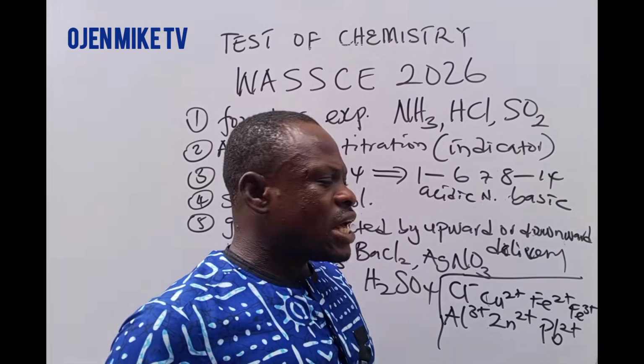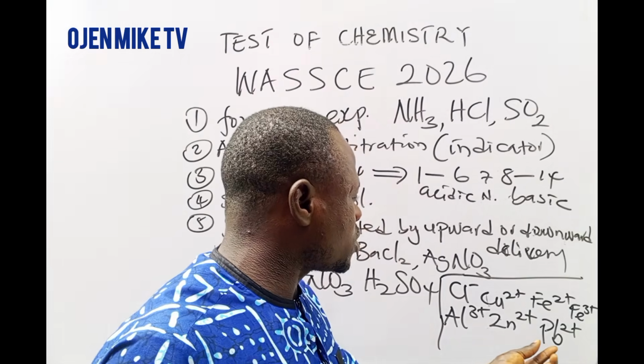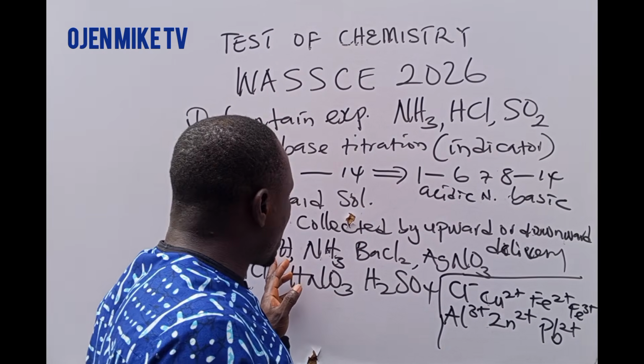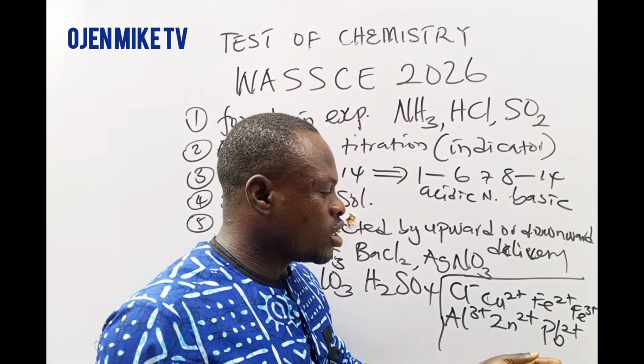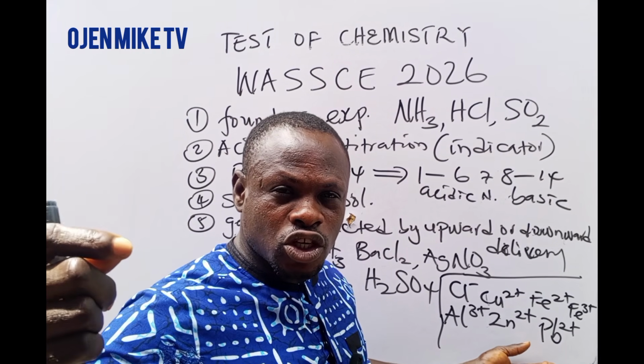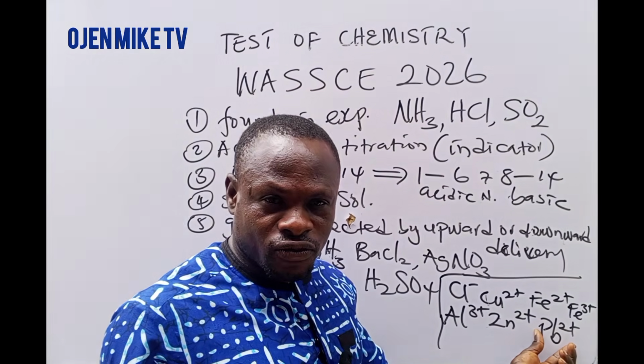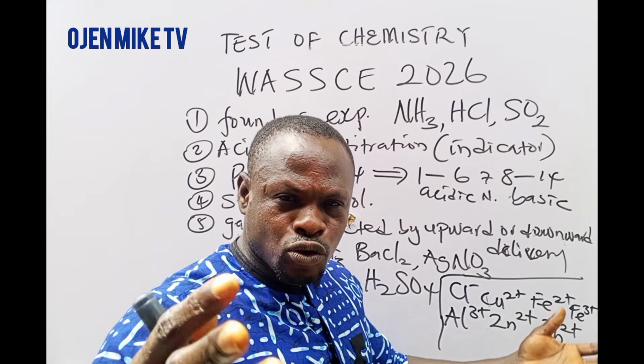Even for lead ion, you can use these two tests, which is what we are given in exams. When you add sodium hydroxide to lead ion, in drops a white precipitate is formed. In excess, the precipitate will dissolve, that is, it will be soluble.